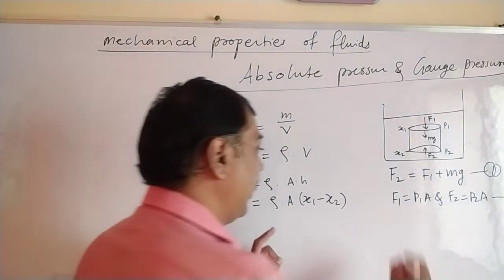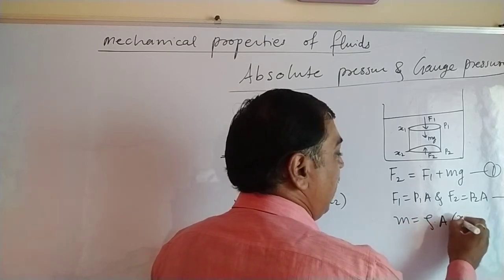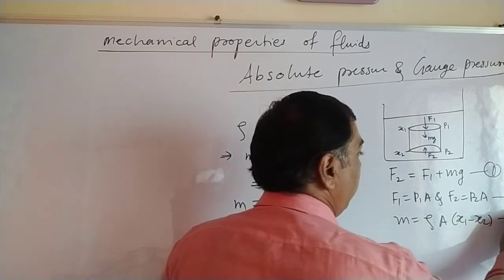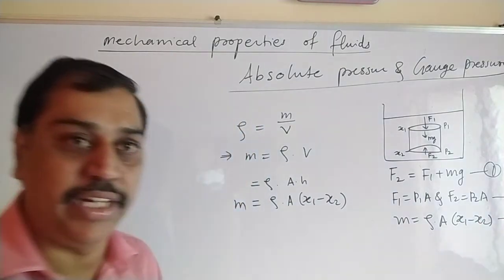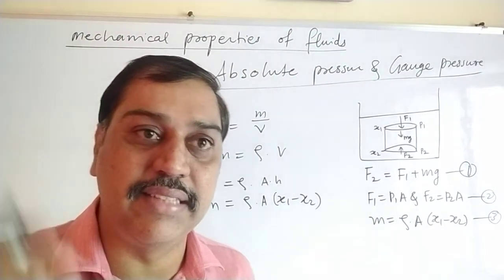I will write it here again: M equals rho into A into X1 minus X2. It will give the mass. Suppose that is equation 3. So we have written these three equations.